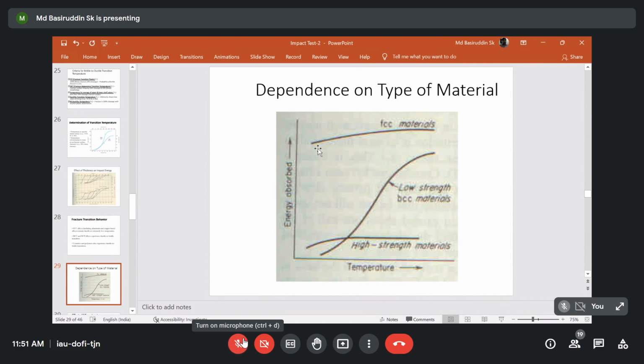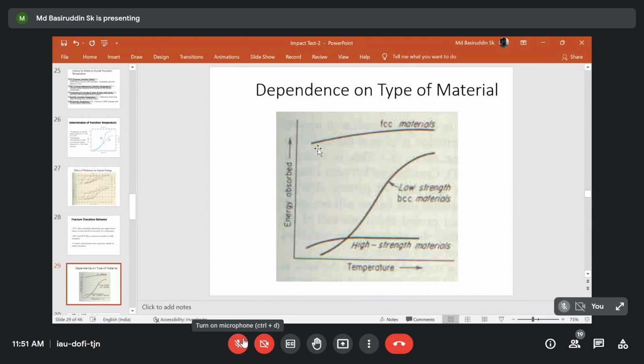Then you can ask me in the next class why these things can happen. But the main thing is that BCC material is basically a temperature sensitive material, meaning the energy absorption capacity is highly sensitive to temperature. That is because a certain stress component in BCC material is highly sensitive to temperature.